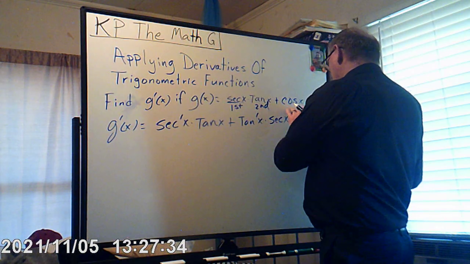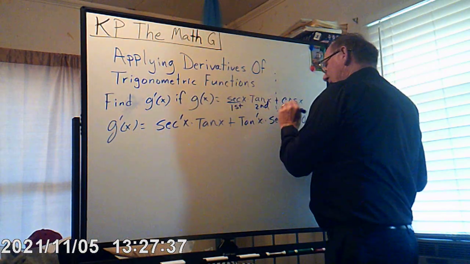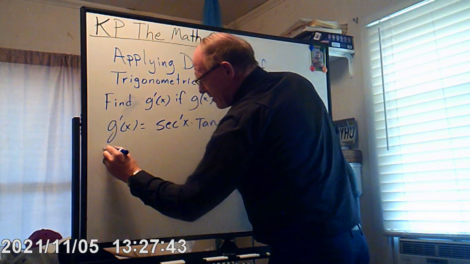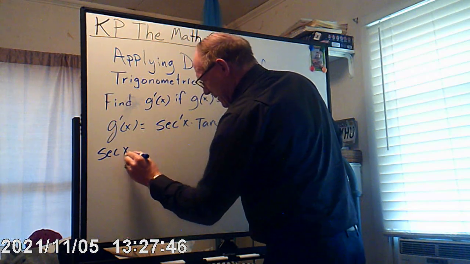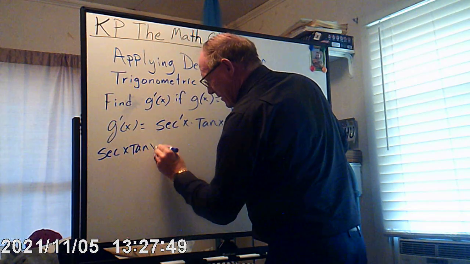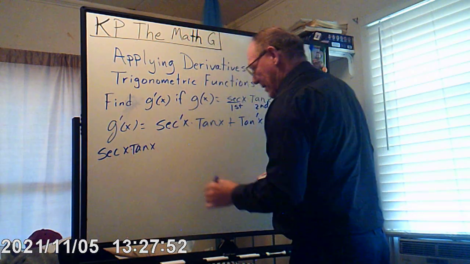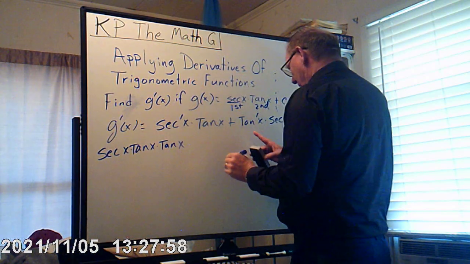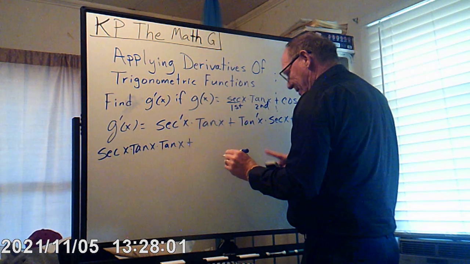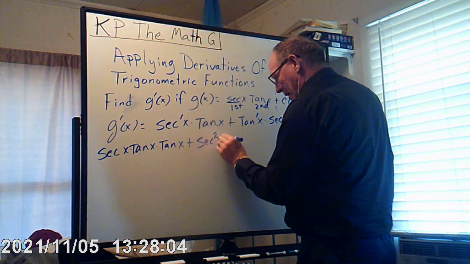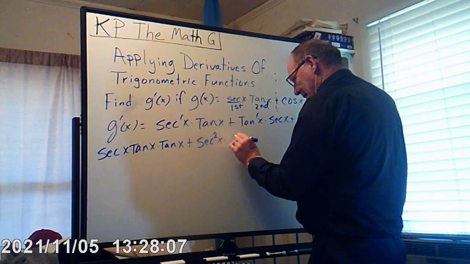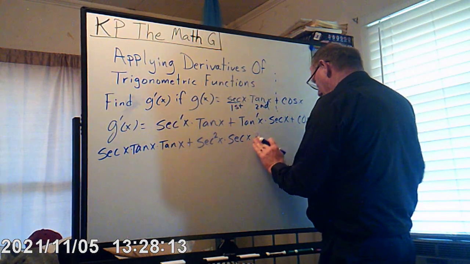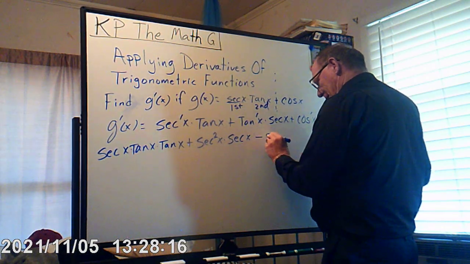And this is an isolated type, so this is kind of separate from these two here. The derivative of secant is secant X tangent X, or tangent secant, however you want to write it. And then we still have tangent, so times tangent. And then plus, now the derivative of tangent is secant squared times secant, and then the derivative of cosine is minus sine. Since this is plus, we're going to make this sine.